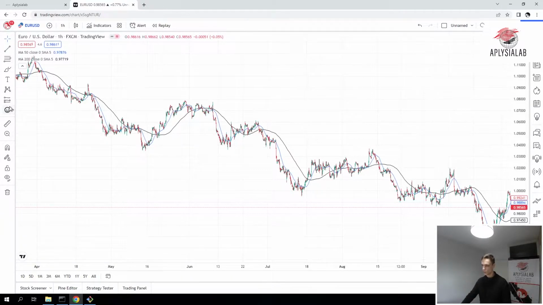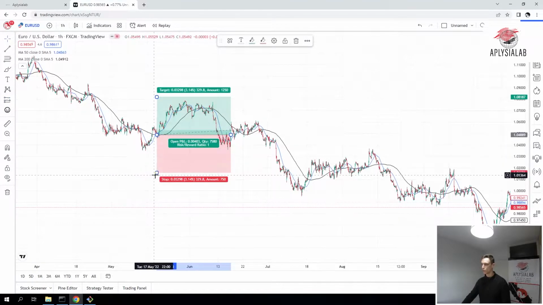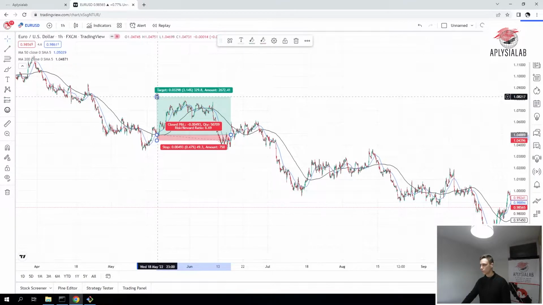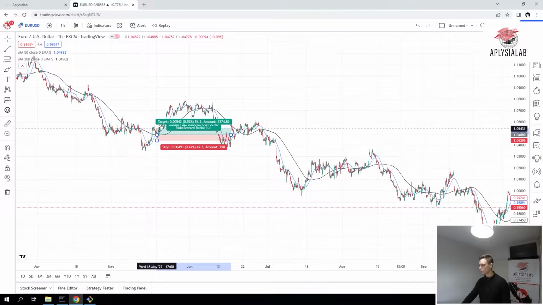I'm gonna show you an example here of just putting in a buy, and we'll make it 50 pips stop loss and 50 pips take profit.